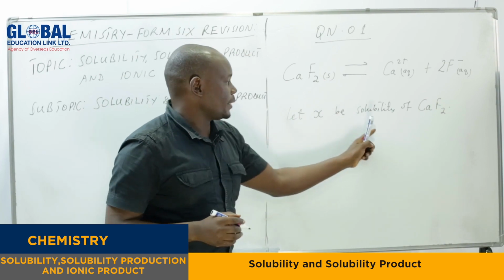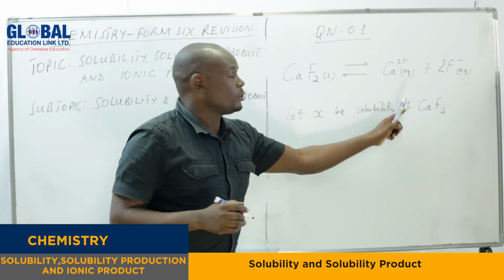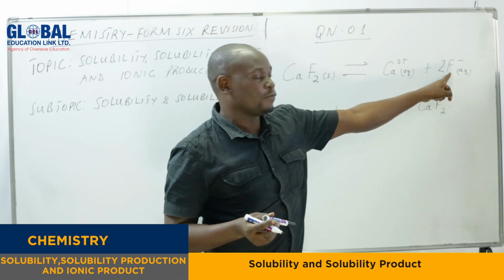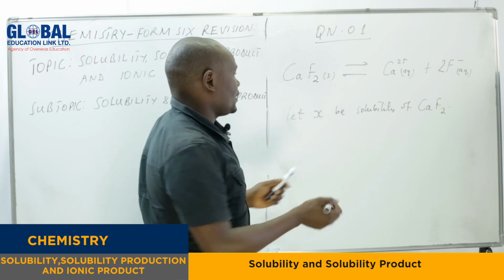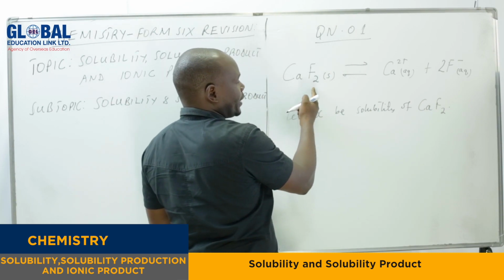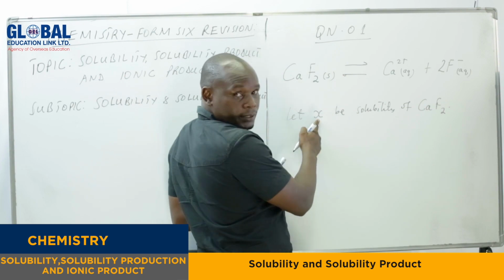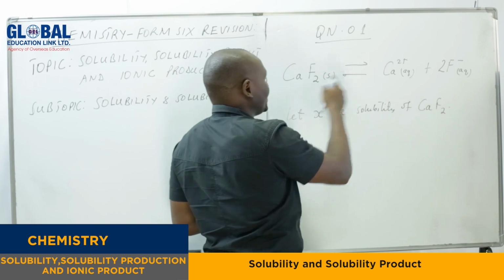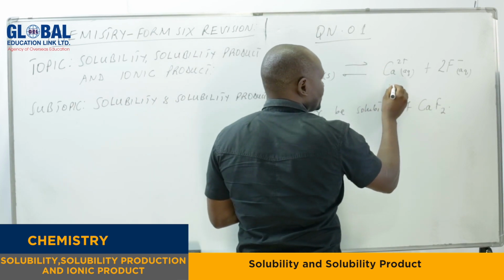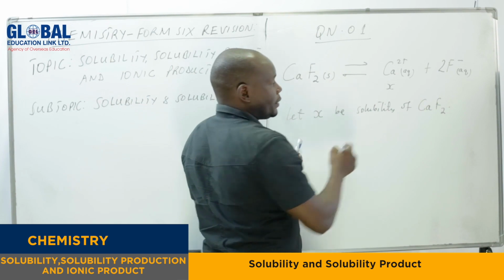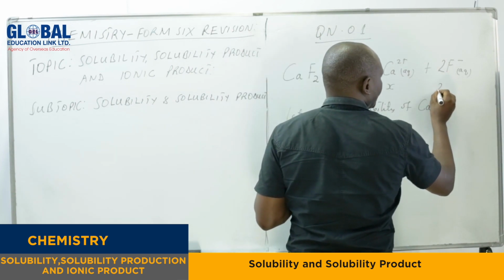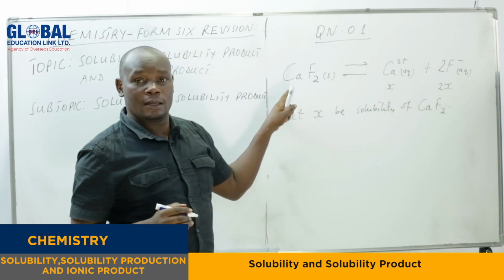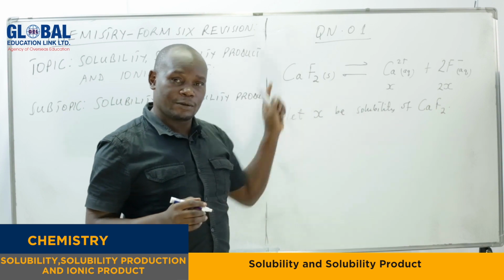Since calcium fluoride dissociates to release 1 mole of calcium ions and 2 moles of fluoride ions, our solubility for calcium fluoride is X. So if it releases 1 mole of calcium ions, that means this one will also be X. And here this one will be 2X, since it is 2 times the concentration of calcium fluoride.